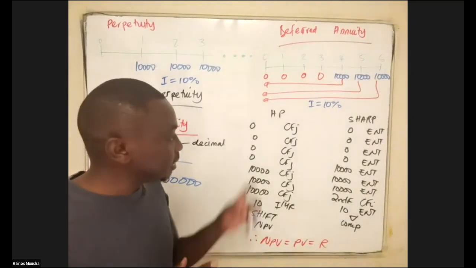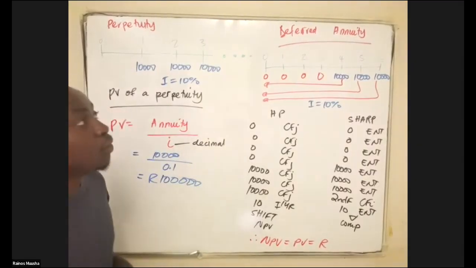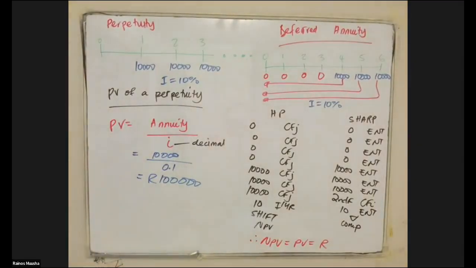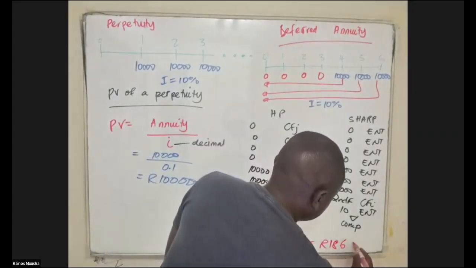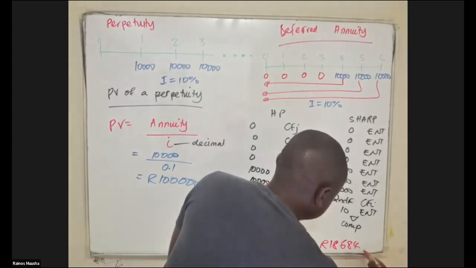So given this information, how much do you get as the net present value of this deferred annuity? $18,684.09. So you get a figure of 18,684.09.